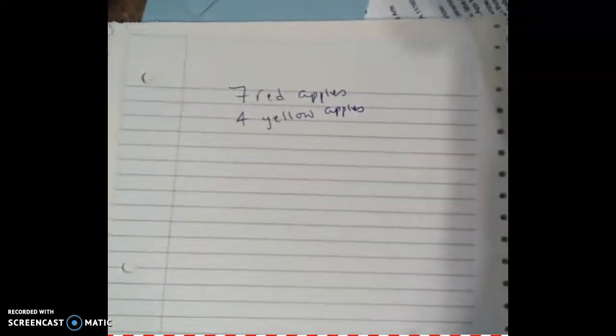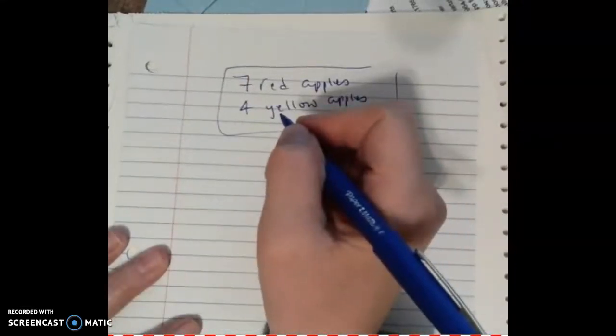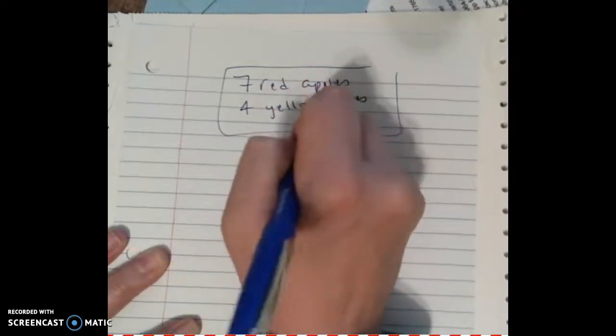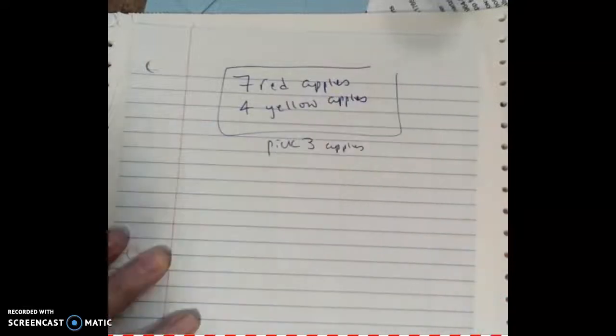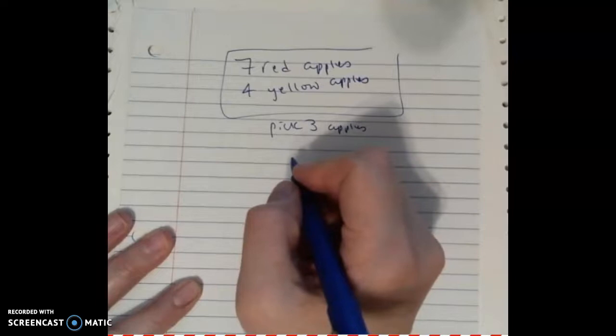Things are falling. Come on. Julie. All right, there we go. Okay, so this is what you have, okay? And you are going to pick 3 apples randomly, okay? So kind of close your eyes and draw them.